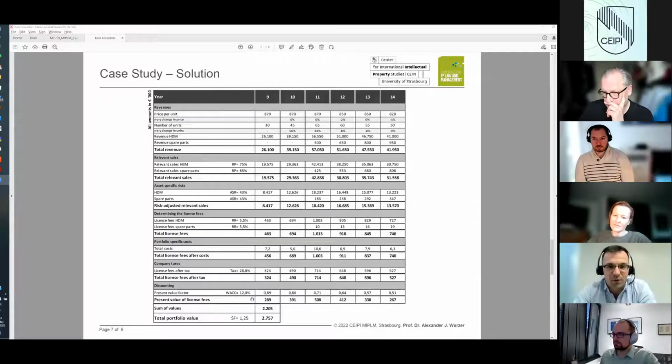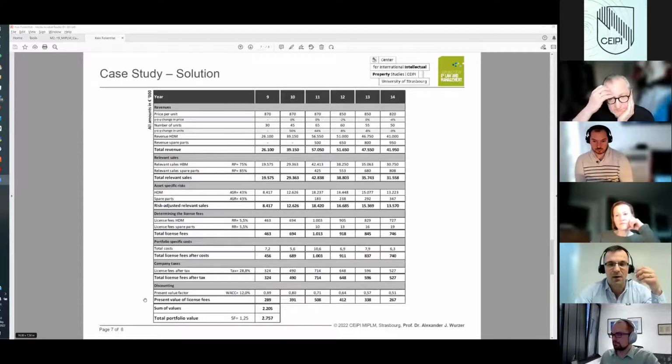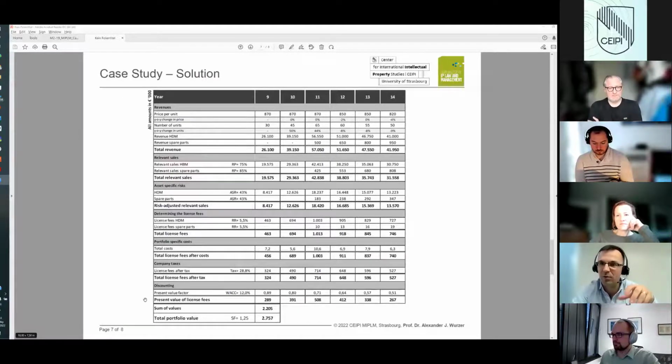Afterwards, further discounting takes place with the present value factor of the weighted average cost of capital of 12%, which was also given. This reflects the fact that cash which arrives later is less valuable than cash which arrives at an earlier point in time.